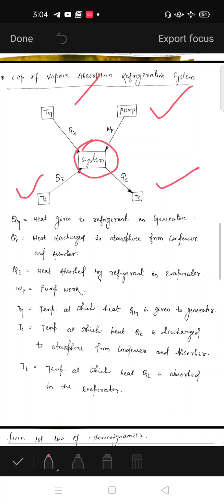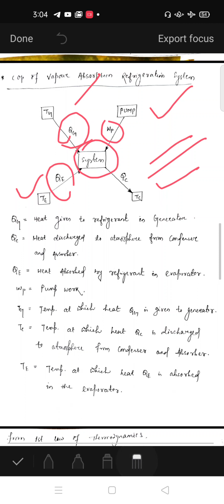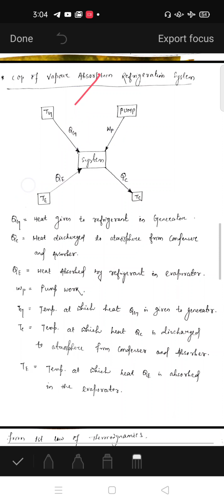Heat is supplied from the generator to the system, that is Qg. Pump work is Wp, heat absorbed in the evaporator is QE, and heat rejected to the environment in the condenser and absorber is QC. Clear? So let's find out the COP.